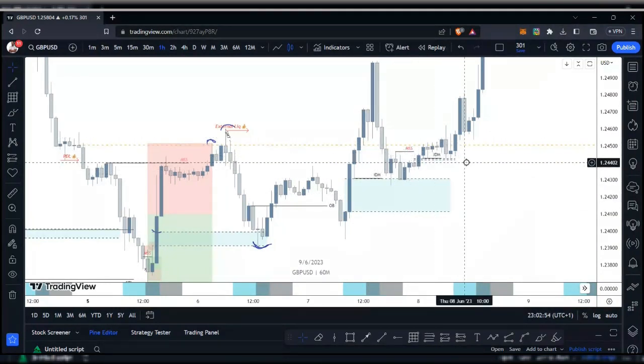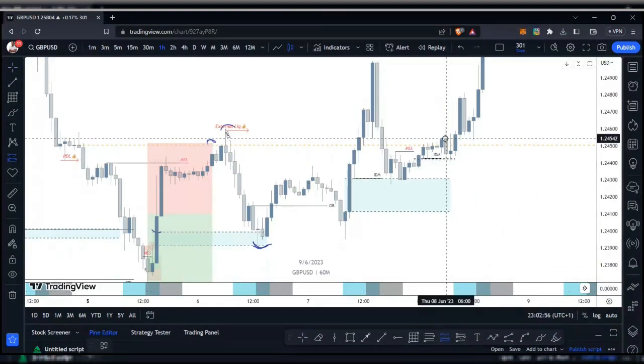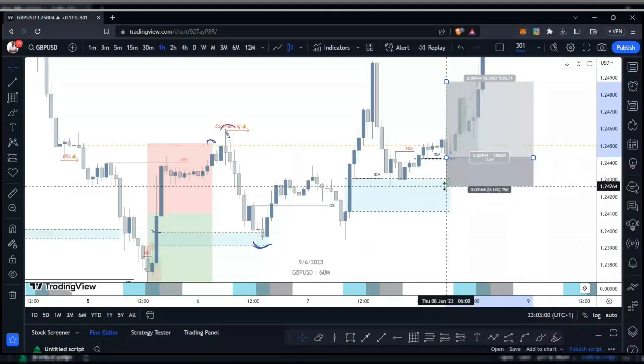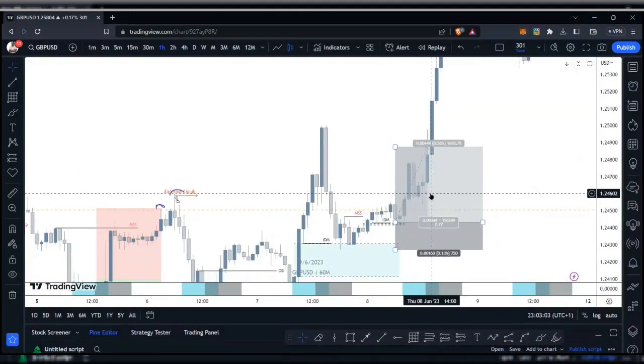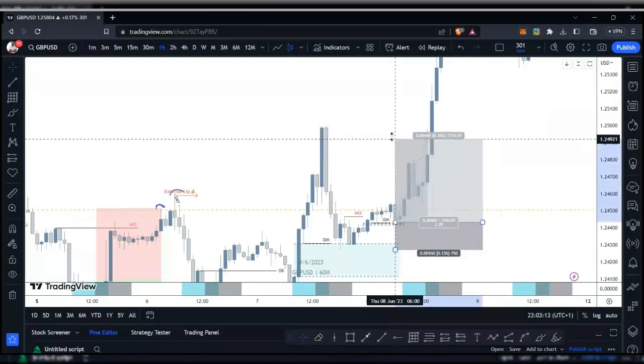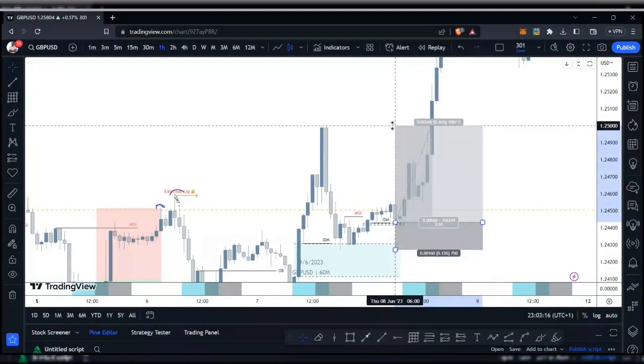You would have taken a trade somewhere here, your stops would have been somewhere here, and your target would have been this high here. Do you get?